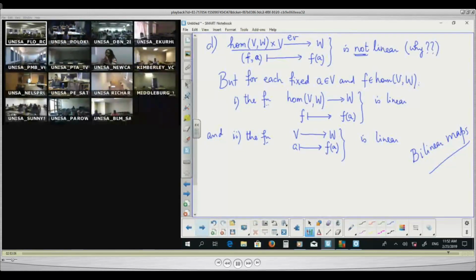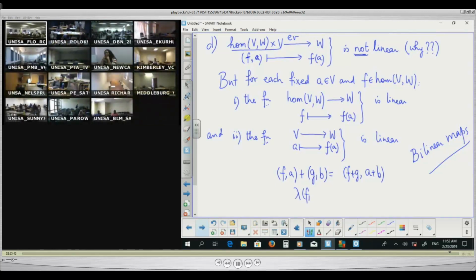But I left it to you to show that it is not linear. It is not a linear map. Remember what the linear operation on this is. If you have two such pairs, this means F plus G as we defined, and A plus B as defined in V, okay? And lambda times the pair.